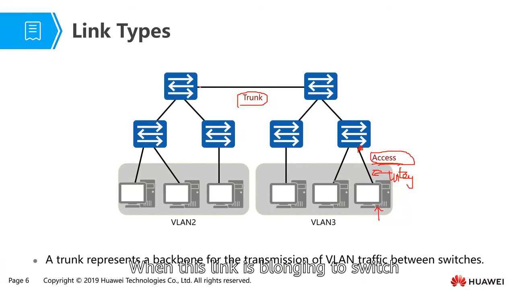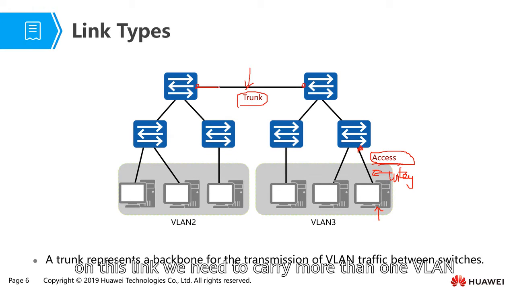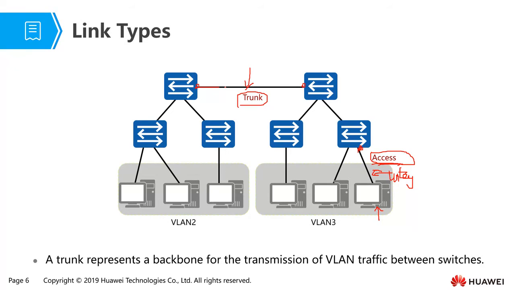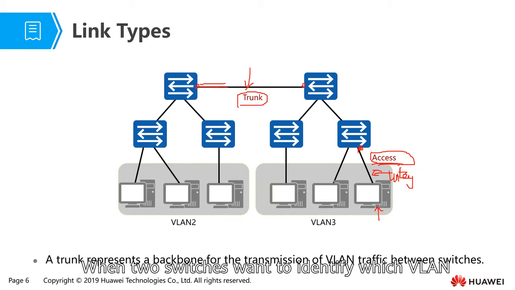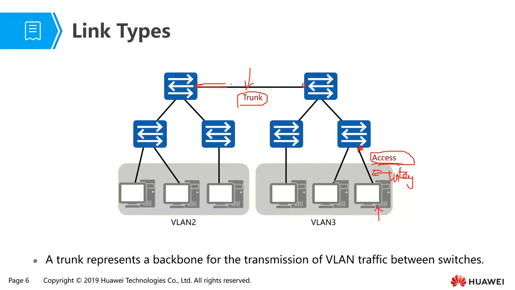And when this link belongs to two switches, usually on this link we need to carry more than one VLAN. So when two switches want to identify which VLAN this frame belongs to, we need a tag.